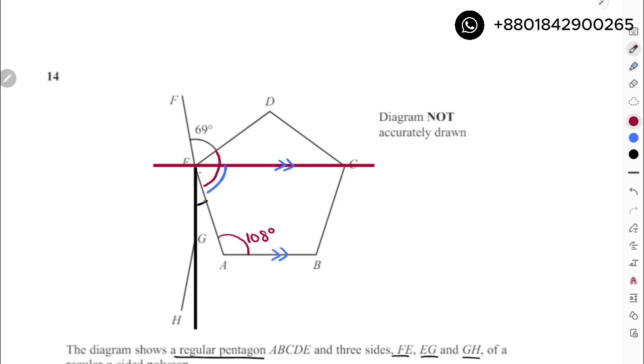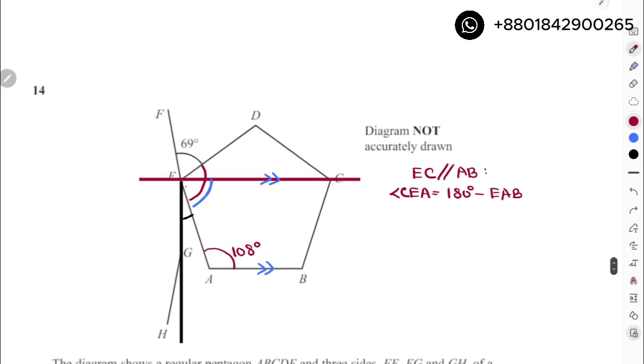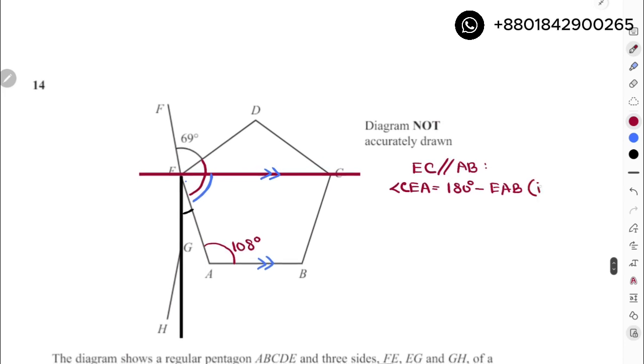In this case, first thing we have to understand is the value of this blue angle. I need that to calculate the value of this black angle. So first I will focus on that. EC is parallel to AB, and with this explanation I can say that angle CEA is equal to 180 minus angle EAB. This is the angle I'm talking about, and the reason is interior angles. So just write interior angle.